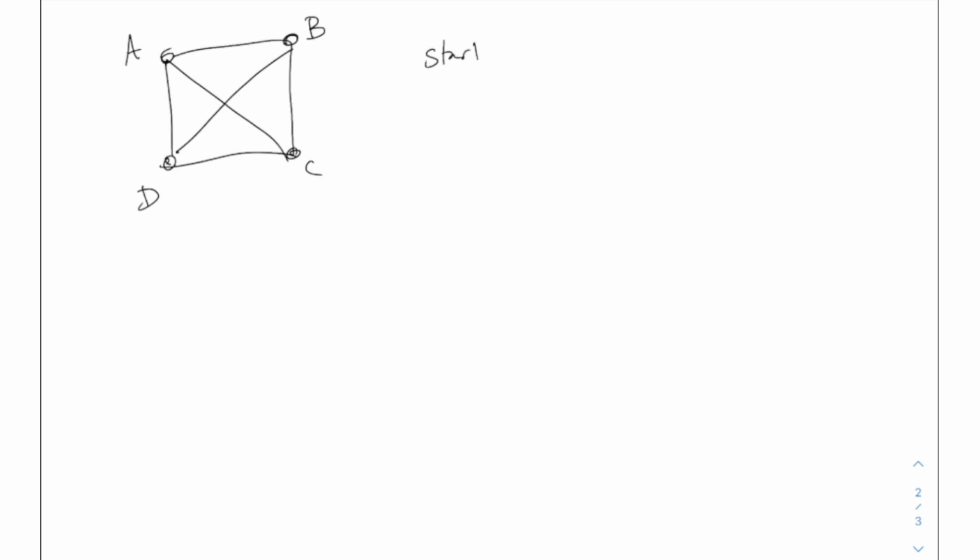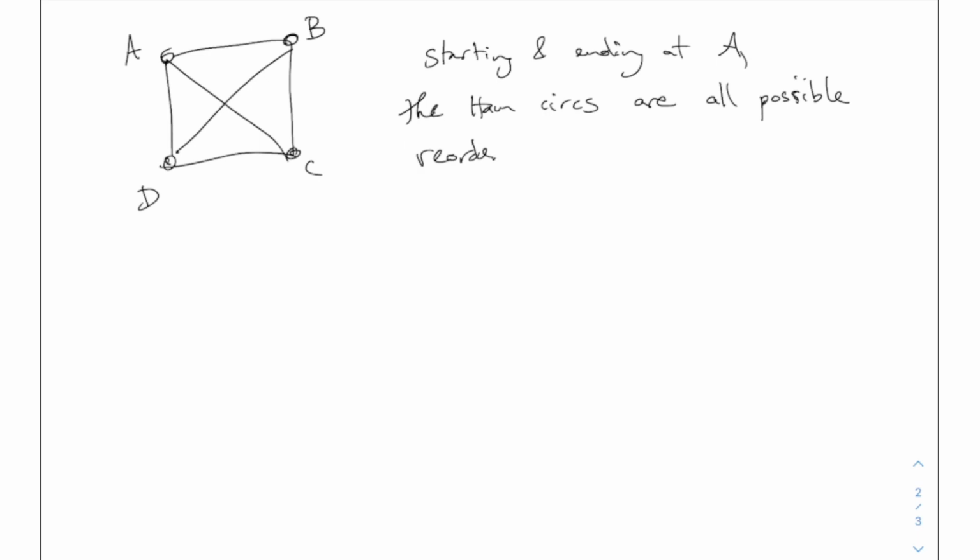So starting and ending at A, the Hamilton circuits are all possible reorderings of the other 3, of the B, C, and D. So can I try to write them all down? It could be A, B, C, D, A, right? That's just kind of alphabetical order. Or it could be A, B, D, C, A, or it could be A, C.